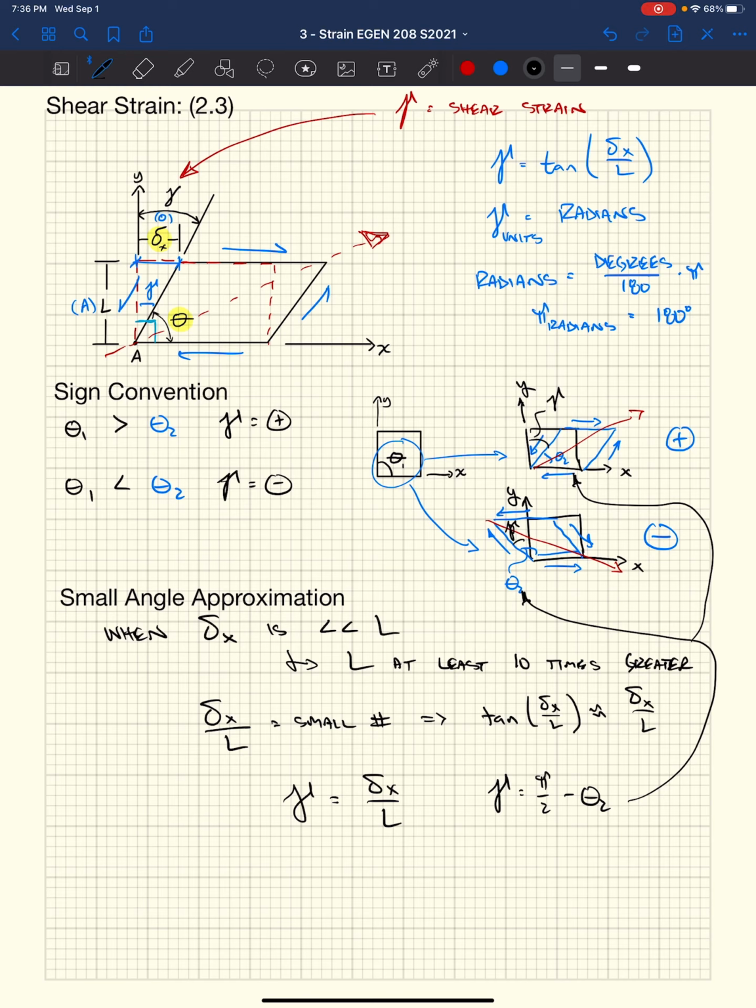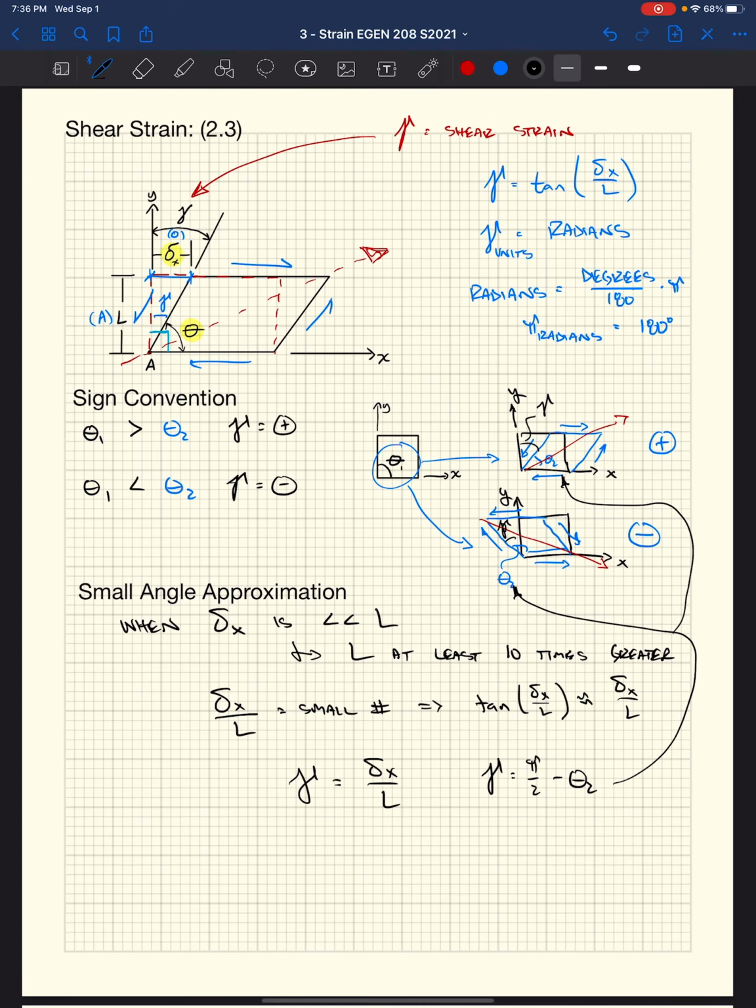So as you can see, in our negative sense, because theta 2 is greater than 90, we're going to have a negative number, because 90 degrees equals pi over 2. So this is just stating that we have complementary angles. If we know what that angle is, our shear strain is 90 minus that.